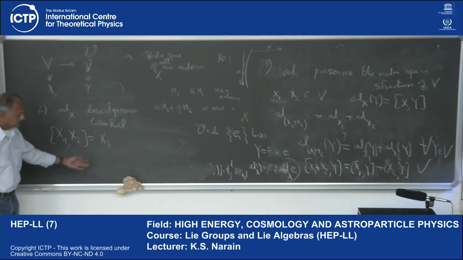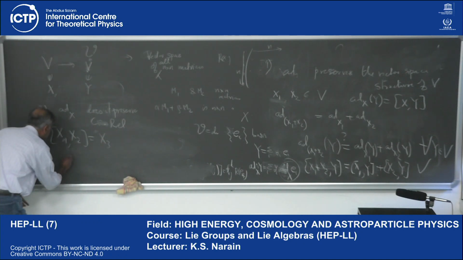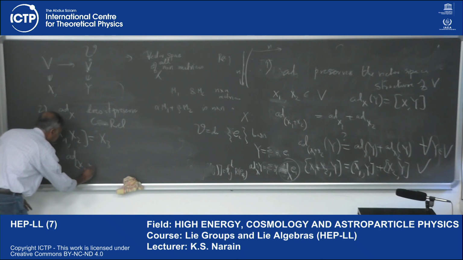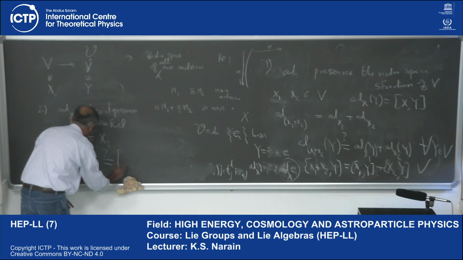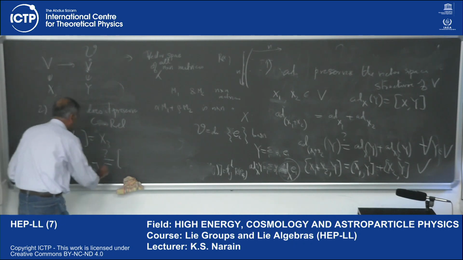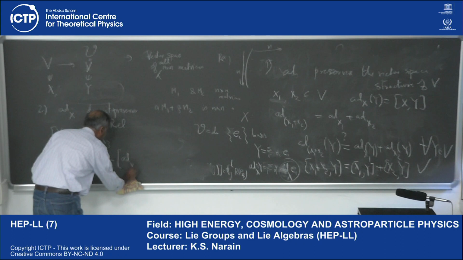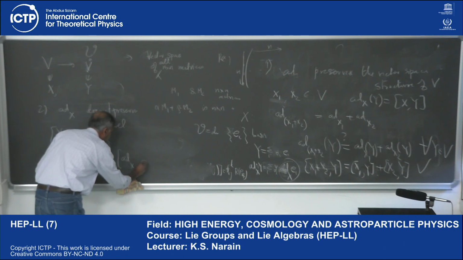Okay. So what we need to check is the add of the commutator of x1 and x2, which is add x3, is it the same as the commutator of add x1 with add x2?